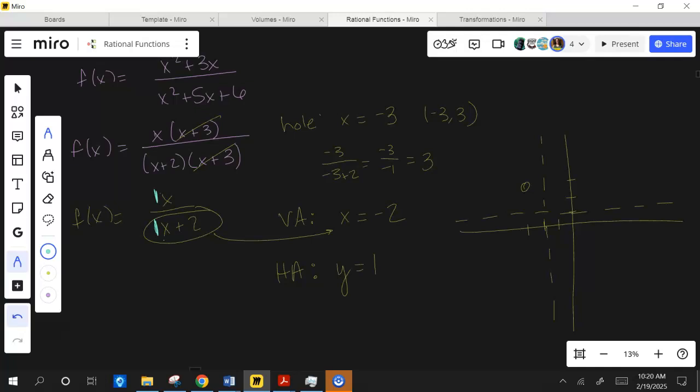All right, now do your XY chart. Tell me what points, now I already have -3. Even though it's a hole, it's still a point on the graph. Now let's also do negative, what do you think? -4, I would do -4. What other points should I use? I got -3. -5 is going to be over here. -1 and 0.